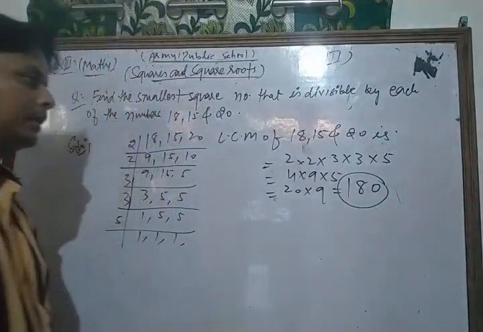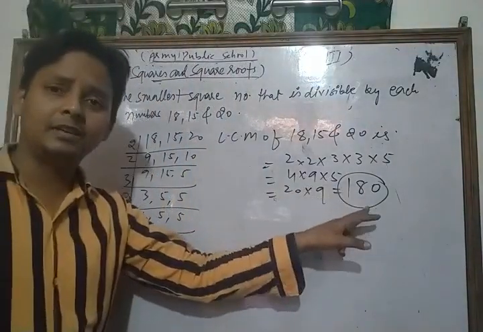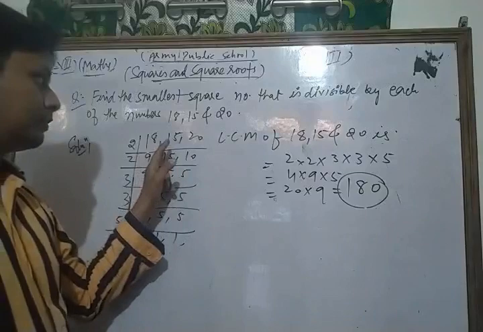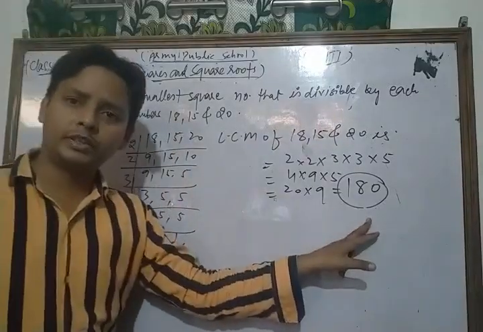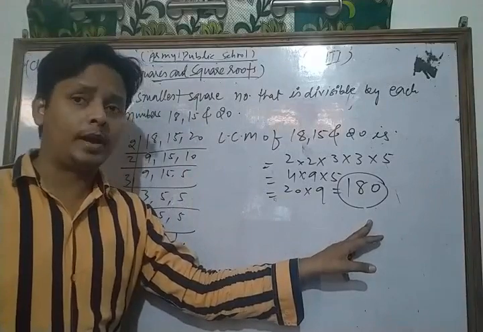So 180 is the number which is exactly divisible by these numbers, but it is not a perfect square.